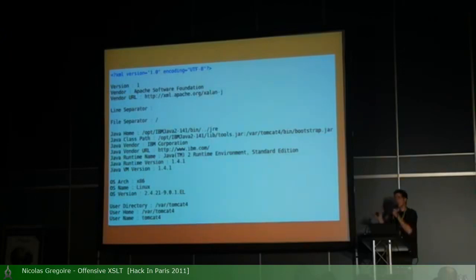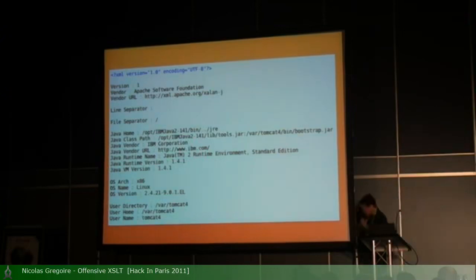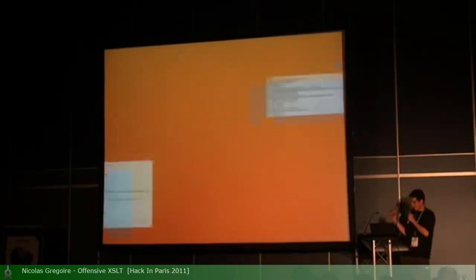Not only Xalan, but any engine running under Java. So here, for Xalan, we have some information about the context. We have a Linux server, and we are running as Tomcat 4, which is probably a good sign for us. We have some similar thing where we are already root under Linux.